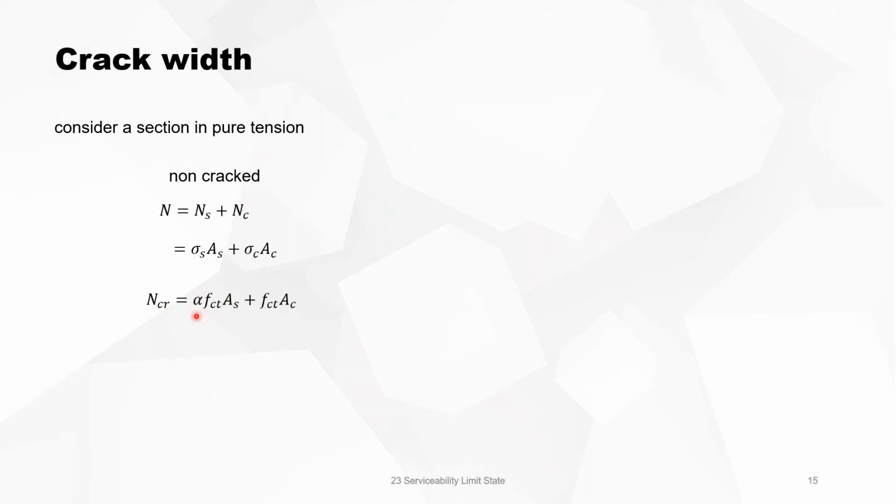So we get alpha FCT times AS, and sigma c is of course FCT, the tensile stress in the concrete. Now assume the reinforcement ratio as AS divided by AC, and then we get this formula like it's stated here.